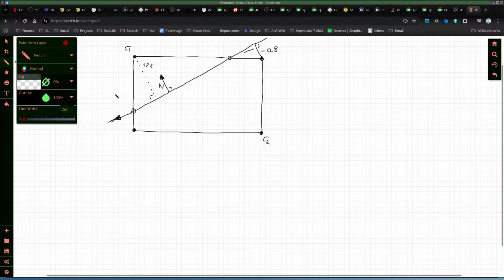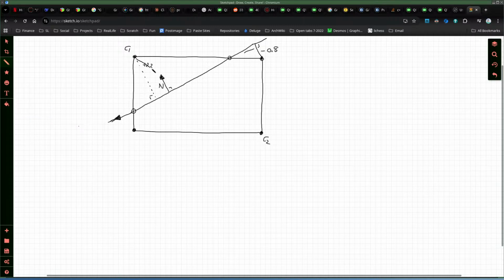And then I'm just going to draw my base, which runs from here to there. This thing is called base.